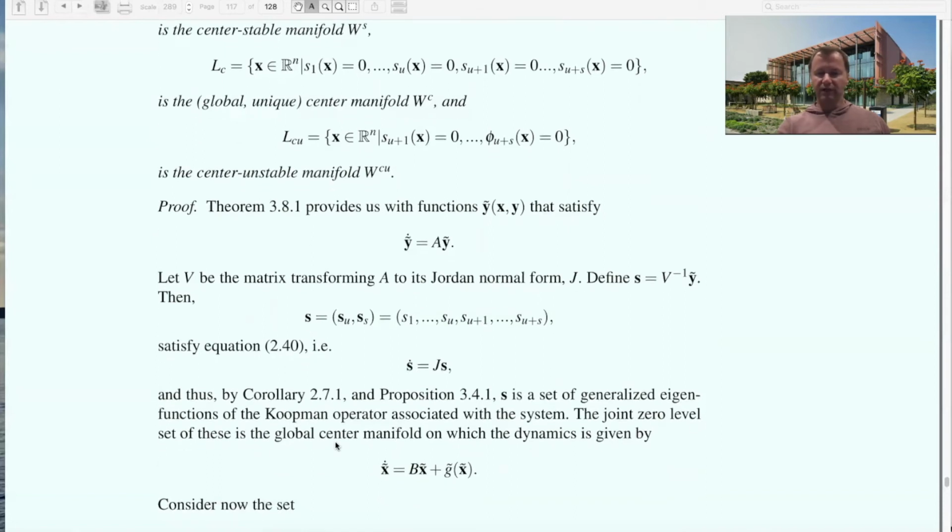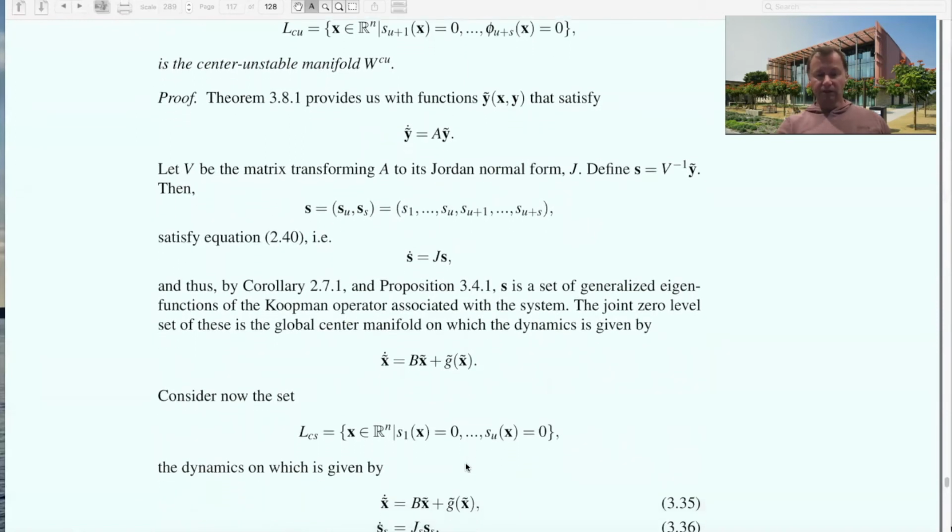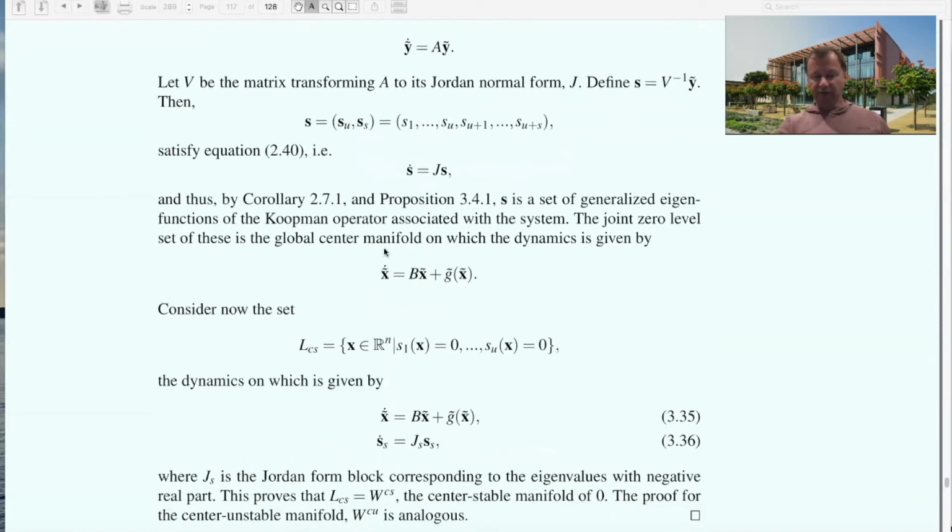Now, the joint zero-level set of these is the center manifold, and we know the dynamics on it. That dynamics is x tilde dot is B x tilde plus g tilde of x tilde. So that much about the center manifold.